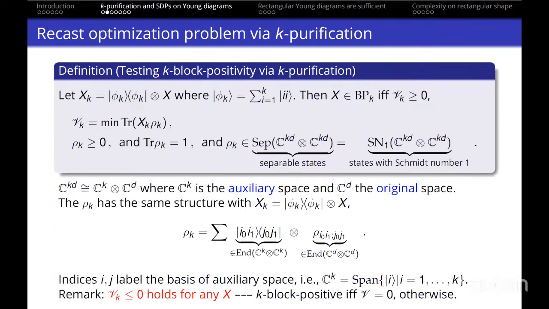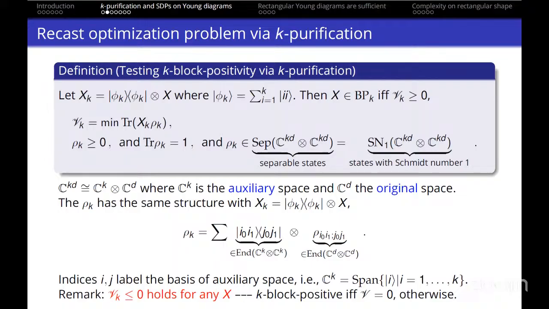Sorry, but still I'm very confused because you introduce rho k. Rho k is an element of CK tensor CK. But X_k is an element of which operator? Phi k is I k. So I'm very confused because this X_k is the only element of CK tensor CK.